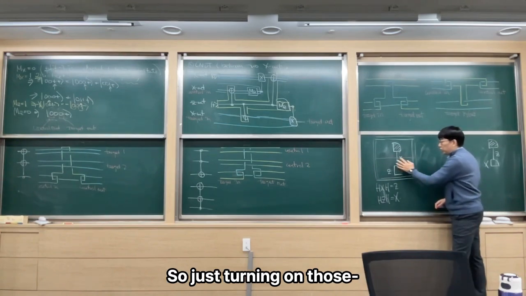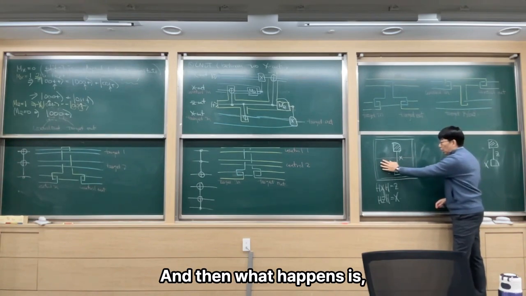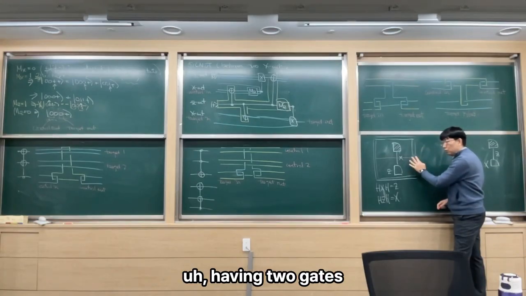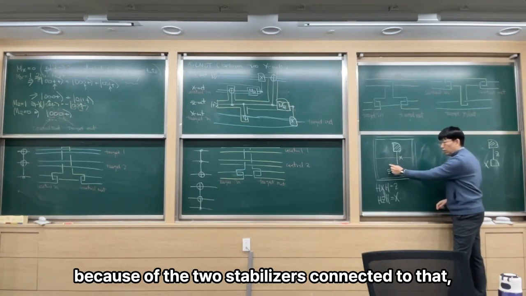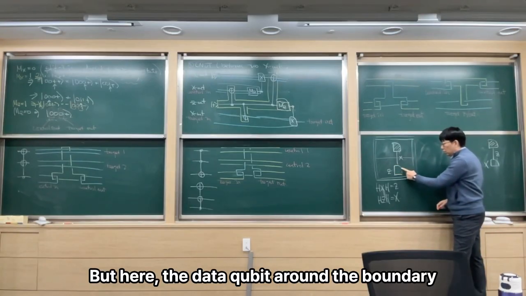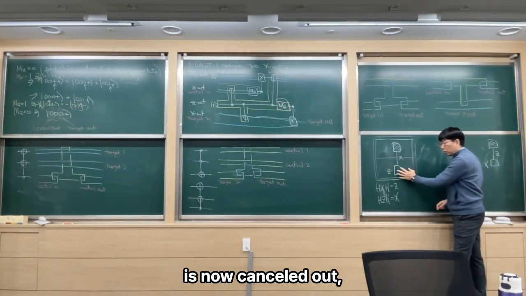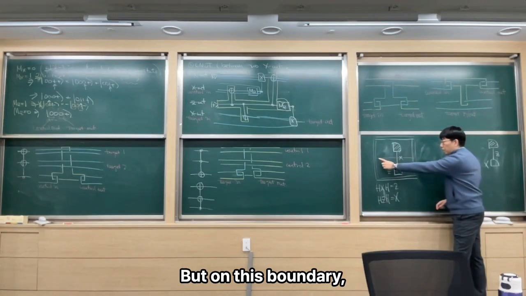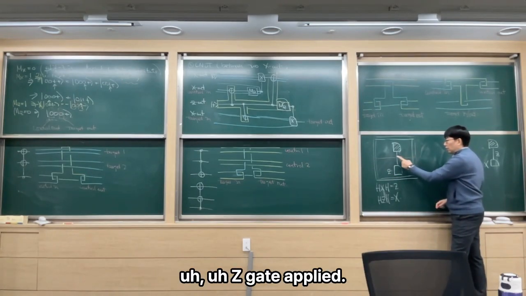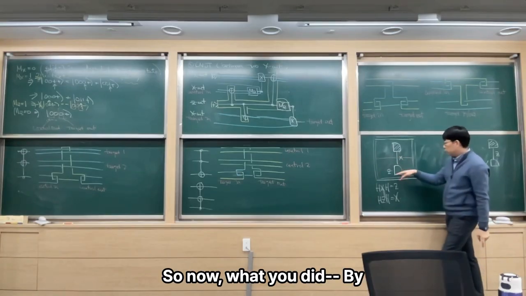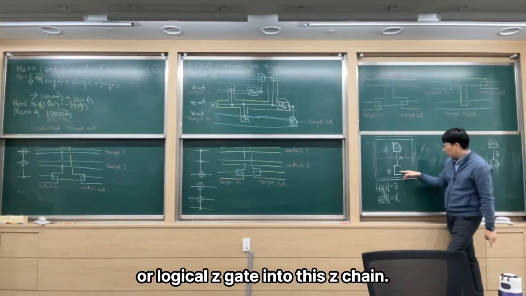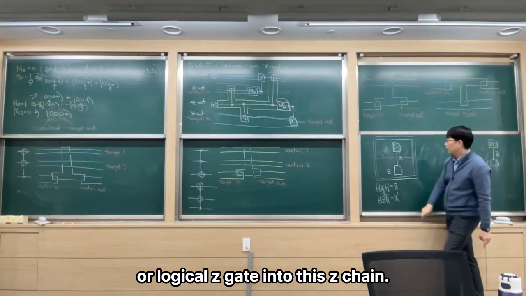Then all the data qubits inside this side have two gates because of the two stabilizers connected to that data qubit. The data qubits around the boundary are canceled out, so there's nothing there. But on this boundary, you have the Z gate applied. So by turning on the Z stabilizers, you moved your logical Z gate into this Z chain.